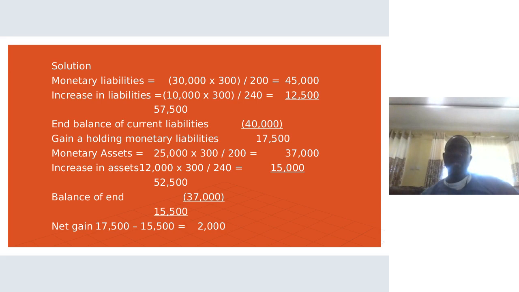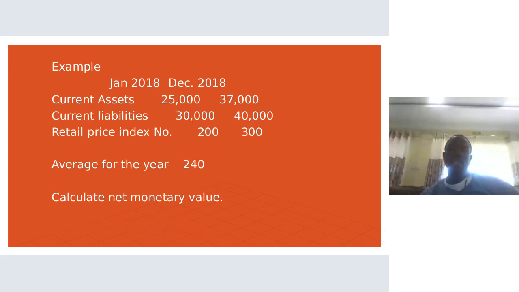The monetary assets, again, we follow the same procedure. Remember, in January, we had 25,000, and in December, we have. So we want to convert this. Remember, in January, the conversion factor is 200.